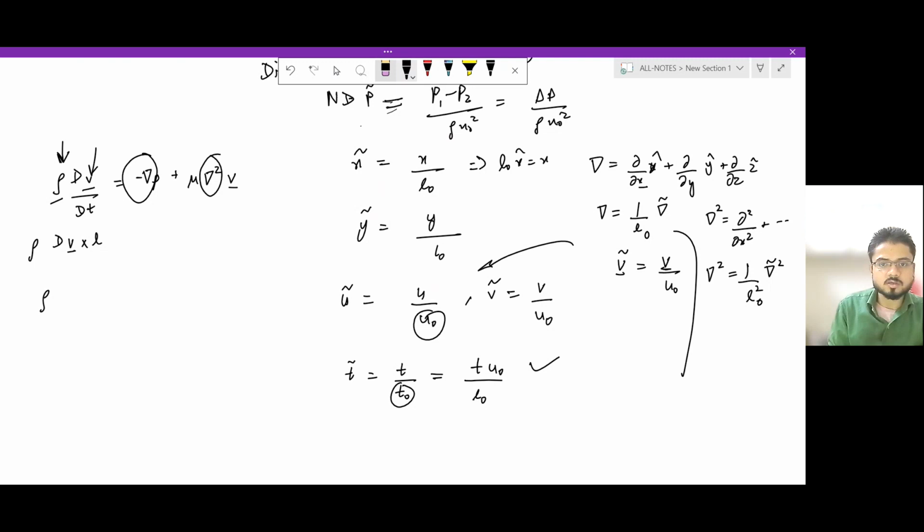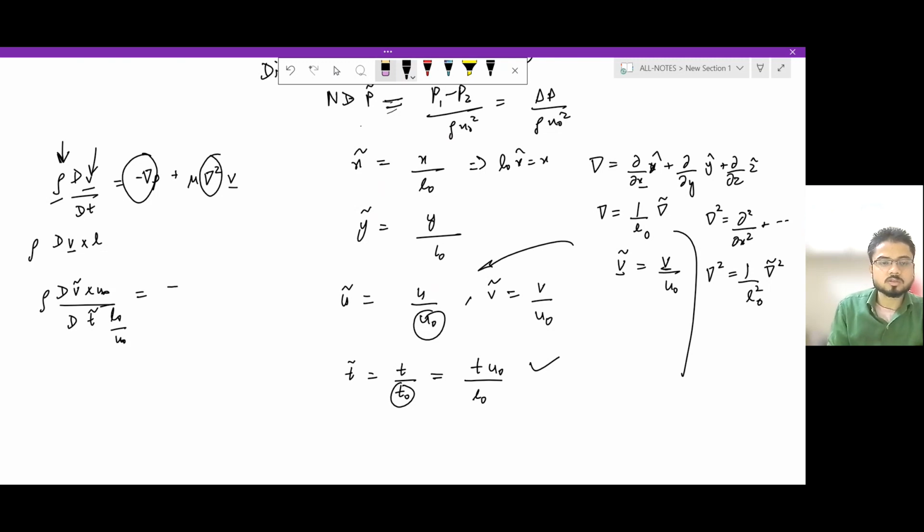Rho times d of v times u naught divided by d of t times L naught by u naught, or representing t in the form of t tilde, would be equal to something like this.